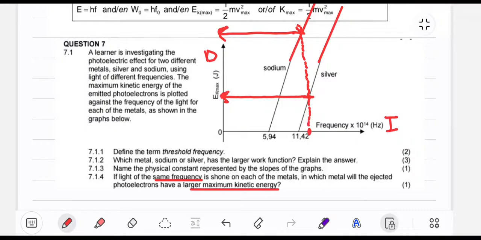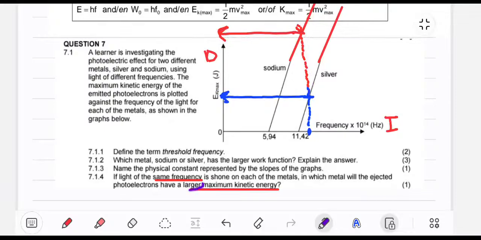For the same frequency, I go touch the graph and then I go to the maximum kinetic energy. When my line hits silver, it goes to this kinetic energy. But when it touches sodium, it goes to that kinetic energy.